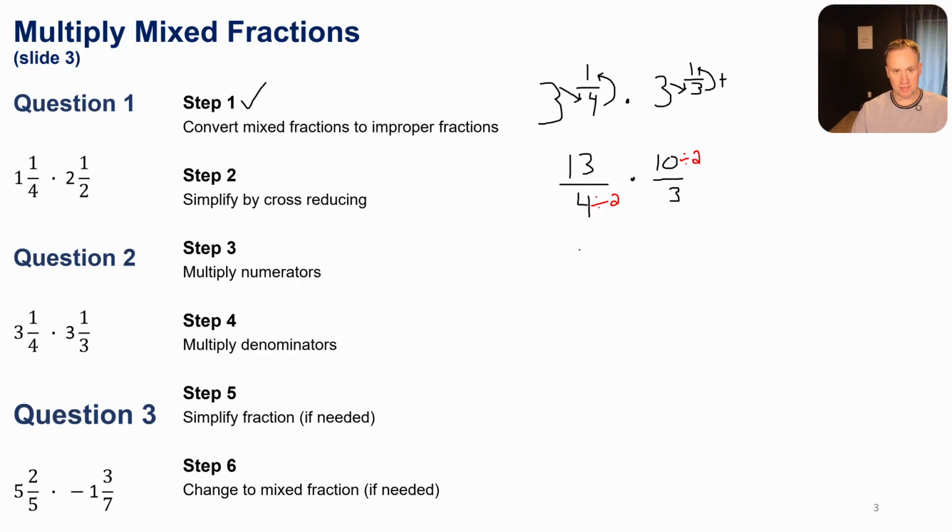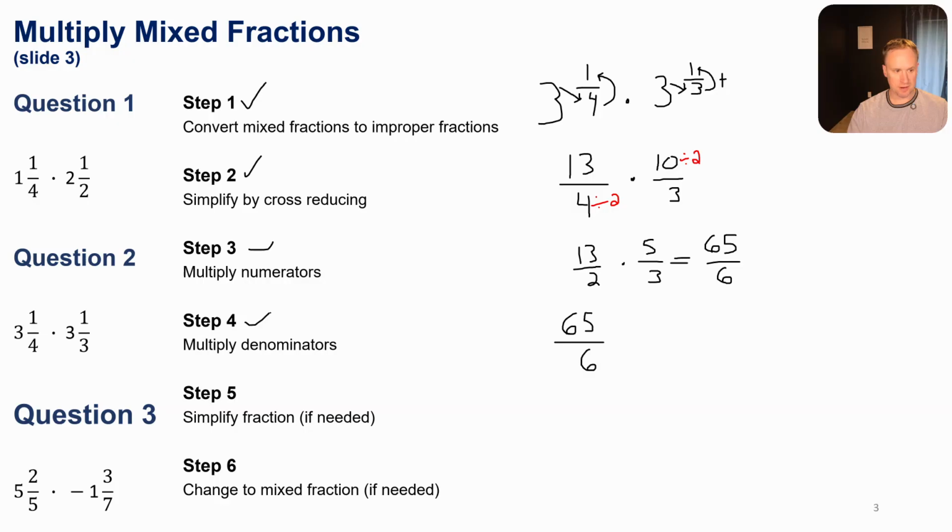So rewriting this, I now have 13 over 2 times 5 over 3. Okay. So 13 times 5 is going to be 65. 2 times 3 is 6. So 65 over 6 now is my improper fraction.